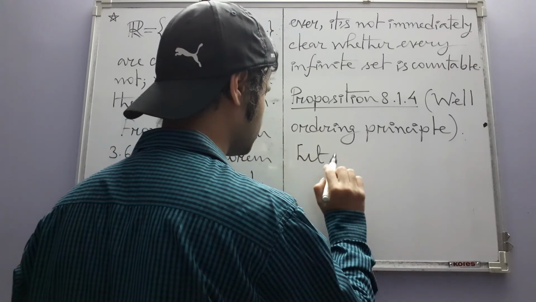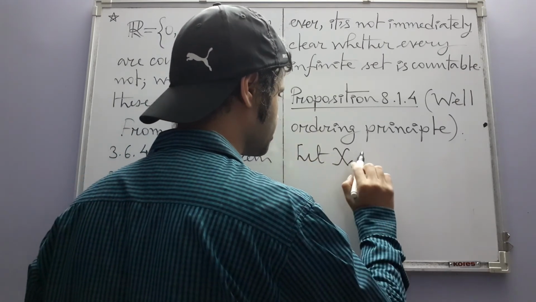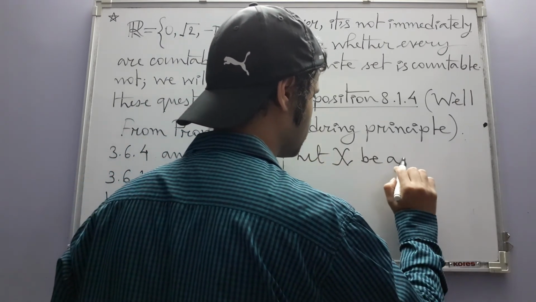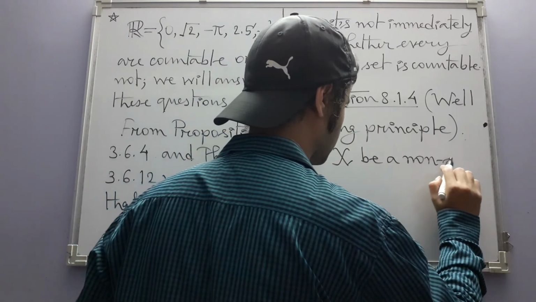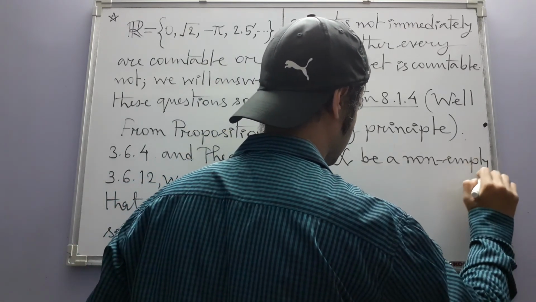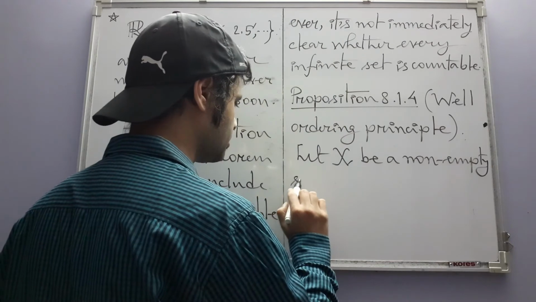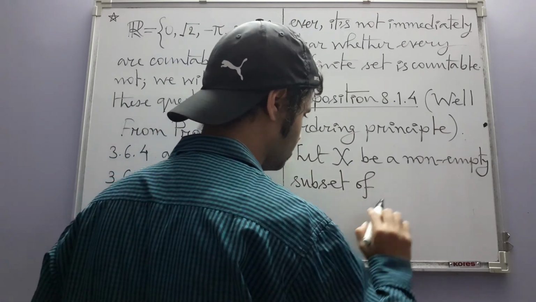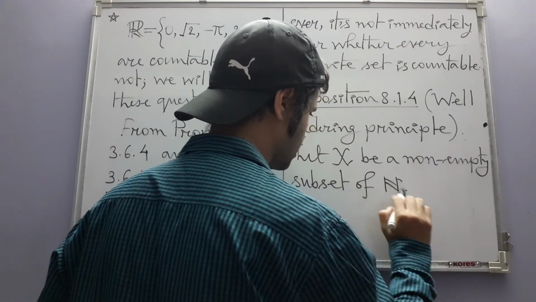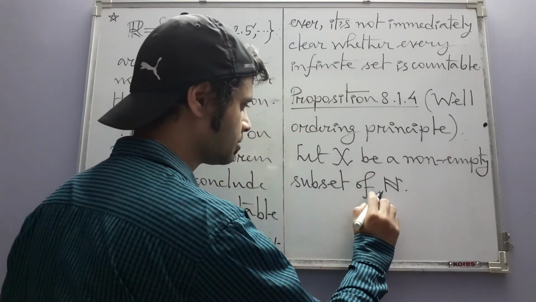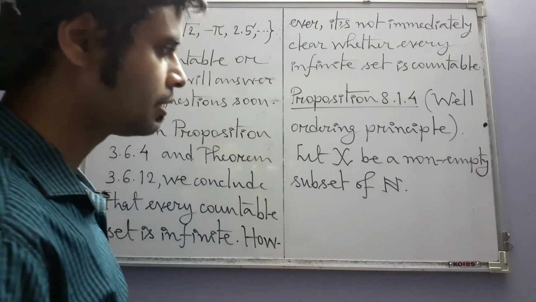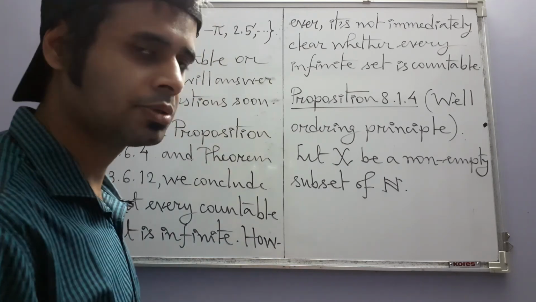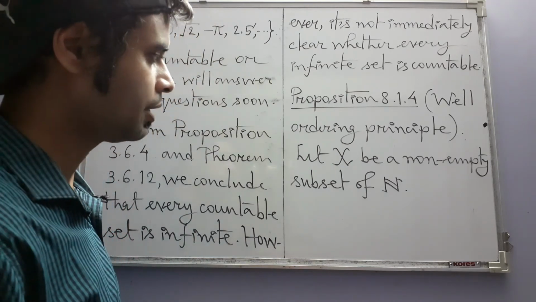Let X be a non-empty subset of the set of natural numbers. That means the elements in X are natural numbers, may not be all the natural numbers but some, and X is non-empty.